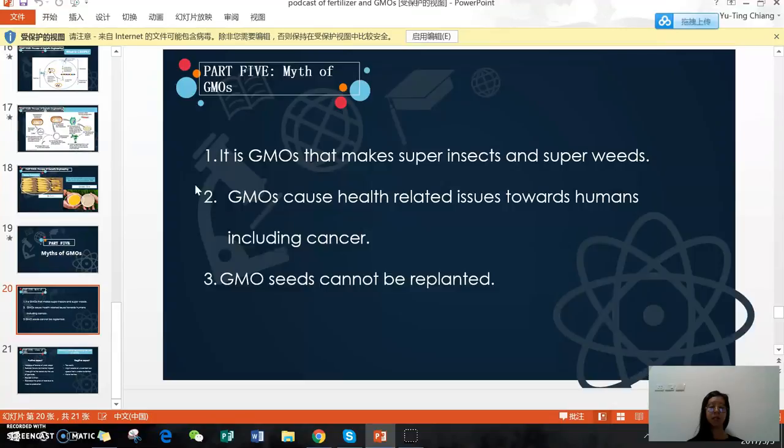And buying new seeds each year is a way to guarantee the consistency of the harvest. So for this one, the conclusion would be we cannot conclude that GMO seeds cannot be replanted.